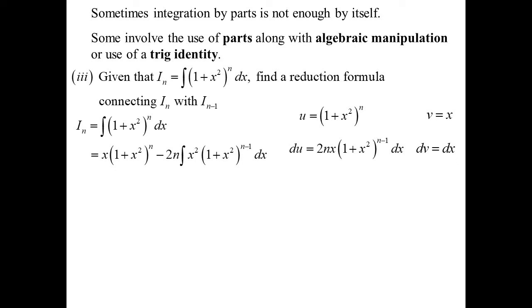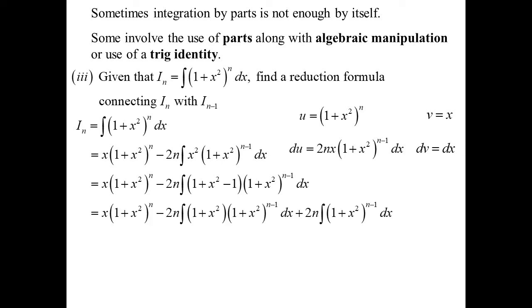Now have a look at my integral. It's not quite I n, because it's got x squared at the front. So this is where I do an algebraic manipulation. That x squared I'm going to rewrite as 1 plus x squared minus 1, because then I can split that into two integrals. 1 plus x squared times 1 plus x squared to the power of n minus 1, and minus 1 times 1 plus x squared to the n minus 1.